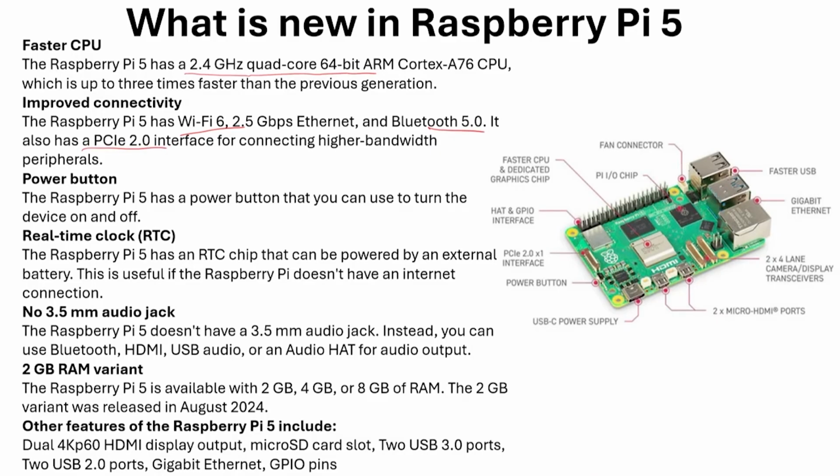It has a power button that you can use to turn the device on and off, and a real time clock. Then there is an audio jack, and 2 gigabyte, 4 gigabyte, 8 gigabyte RAM variants, and other features like HDMI display output, micro SD card slot, USB ports, etc. So, depending on the typical specification of the Raspberry Pi, you can customize all these extra outputs.